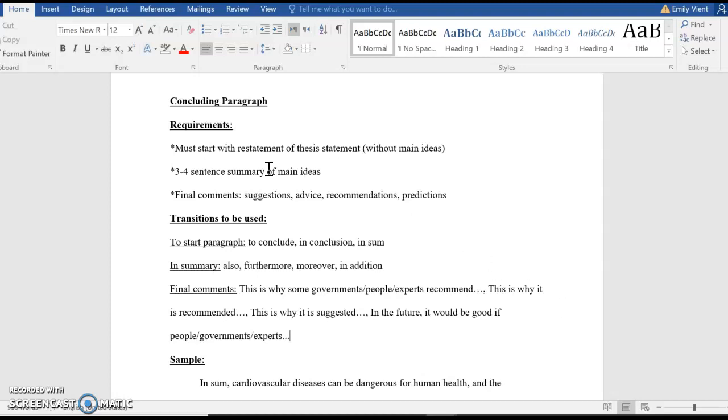Then look at the requirements again and see what you have and what you don't have, and start working on making sure that you have all the requirements. Then you could start to see where you could add specific transitions. Save it, go to sleep, wake up the next day, open it, read it out loud to yourself again, and continue to make edits and look at the requirements. That's how I would suggest that you do it.